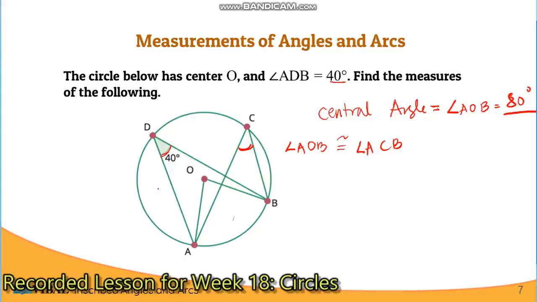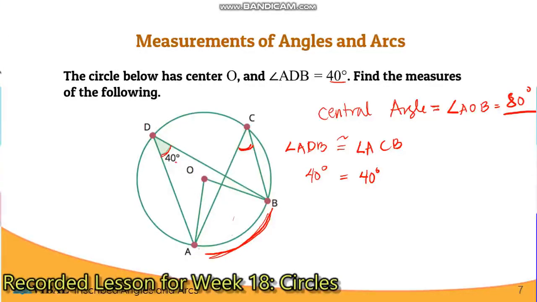Now, if the measure of angle ADB is equal to 40 degrees, therefore the measure of angle ACB, this one here, is equal to 40 degrees, because they lie on the same arc.